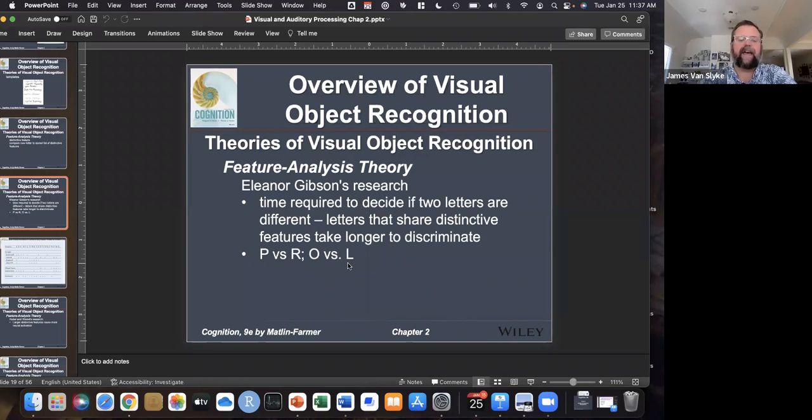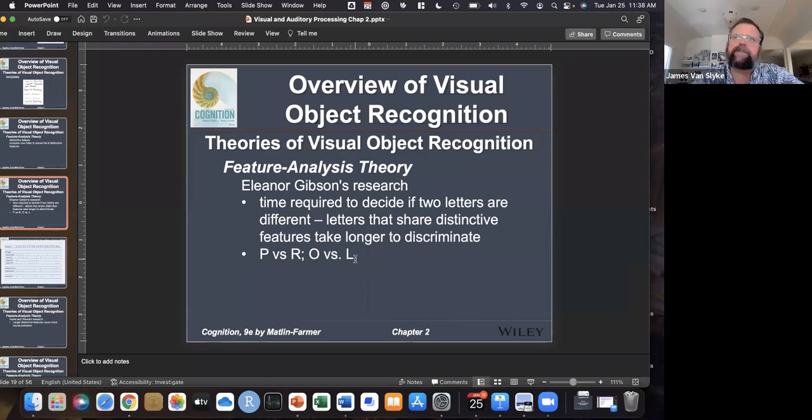Whereas an O and an L are much easier to decipher because the shapes involved are so radically different. An O is nothing more than a large circle, whereas an L is two distinct lines. So that seems to give a certain amount of evidence or weight to what Eleanor was up to in her research.